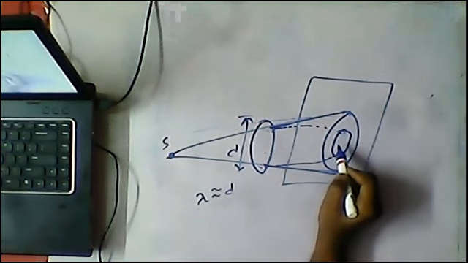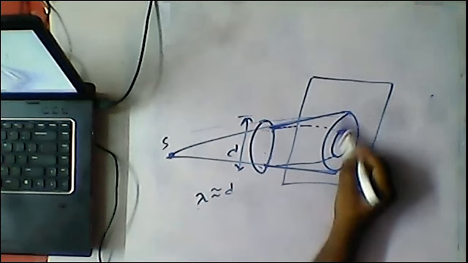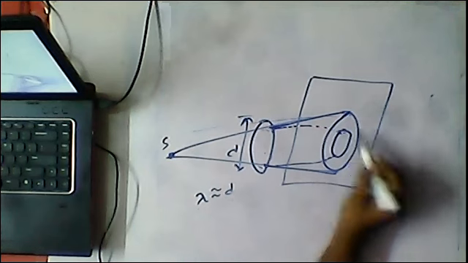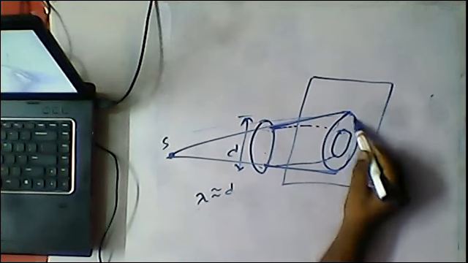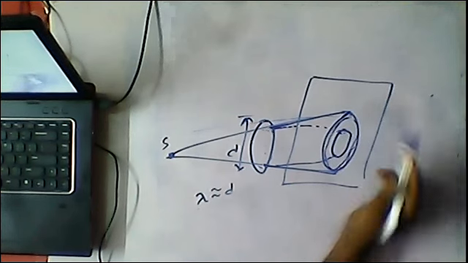This formation of alternate bright and dark bands, or bending of light rays, or spreading of light into its encroachment, is called diffraction. Encroachment is nothing but spreading into the shadow region. Actually this is the shadow region, but it creates a slightly bright spot here.